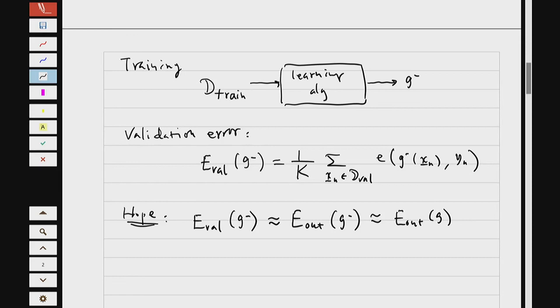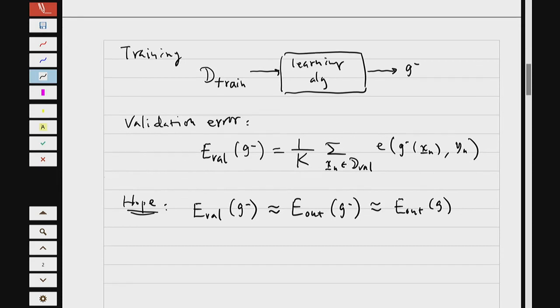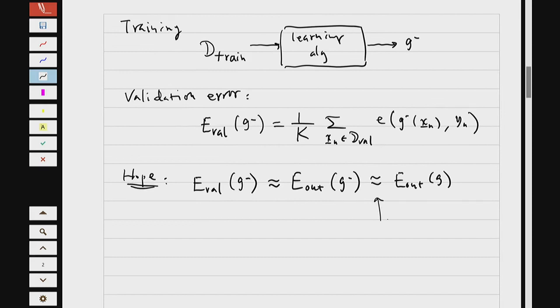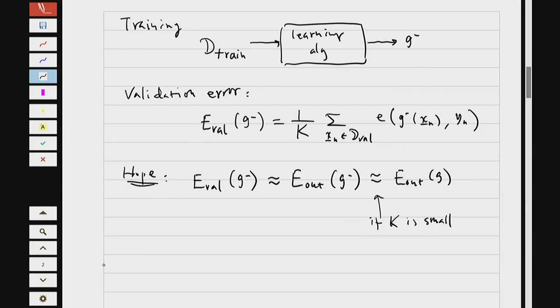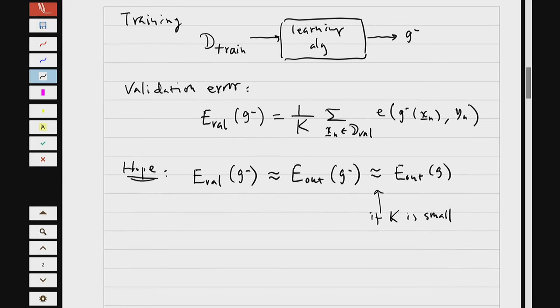You don't split too many data points for validation. So this will be when K is small. Yeah, that's clear, to have the second part be good. Everyone okay with this idea?